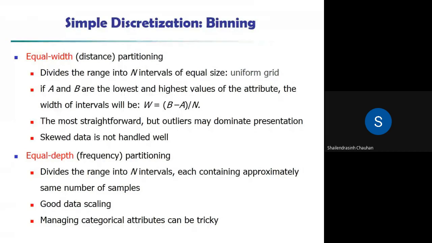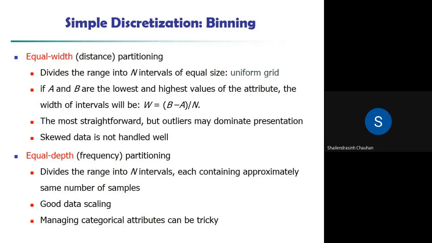The value that you get will be the width for the intervals. This is the most straightforward method, but outliers may dominate the presentation. That means if outliers are there in your data set, they are going to dominate your bins. Like few bins will be there where you have so many values.